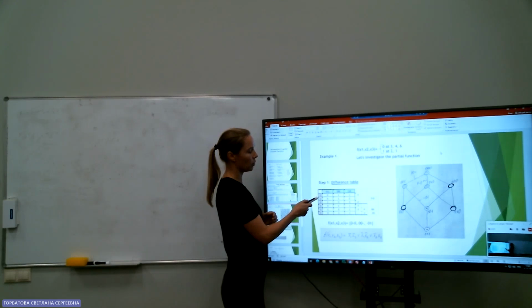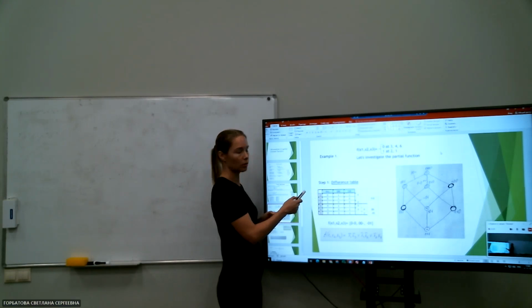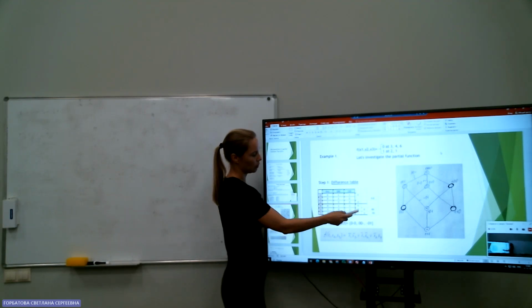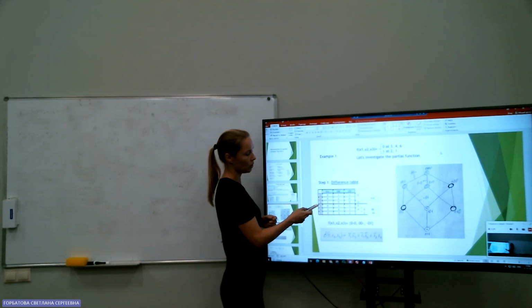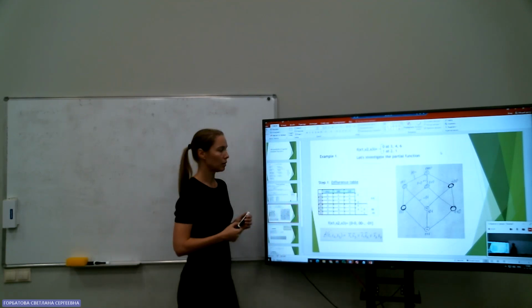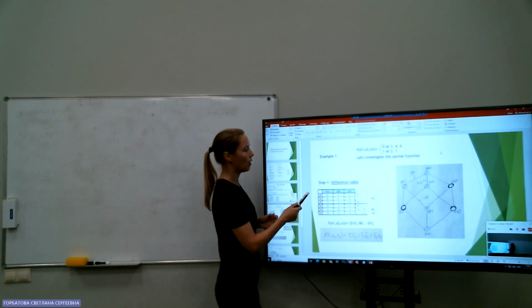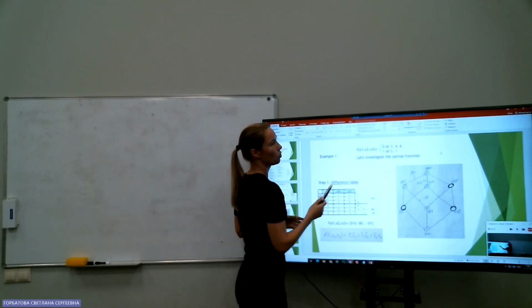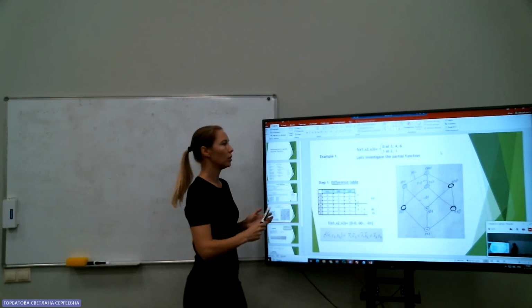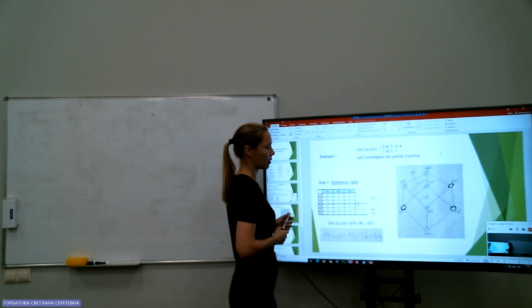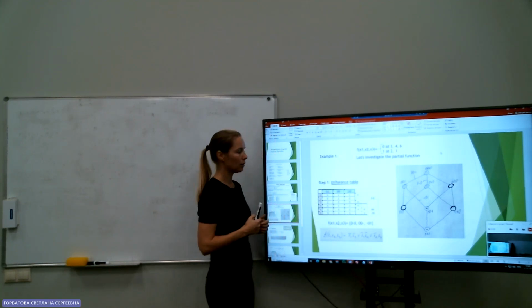So first 3 rows, it is point 2. The next subtable for point 001, it is 1. Each column, it is point where function equals to 0. It is 3, 4, 6.